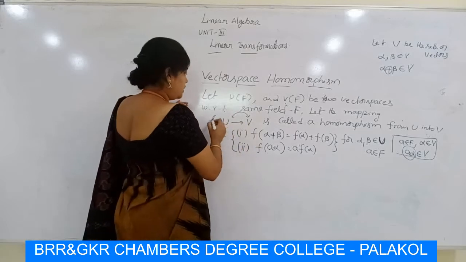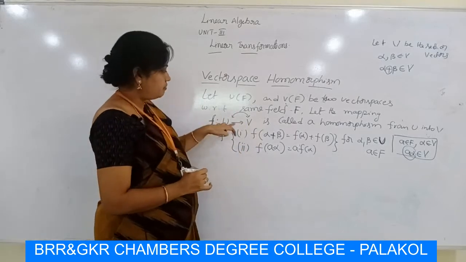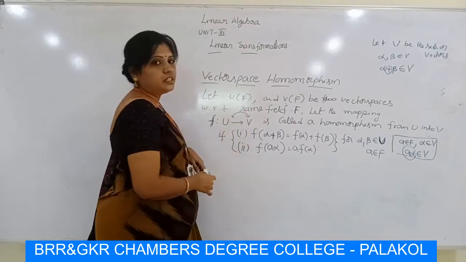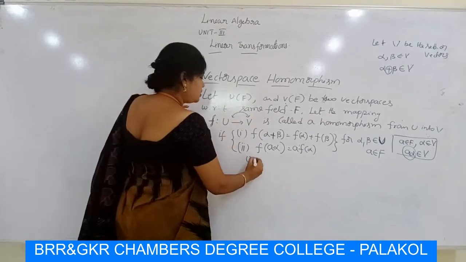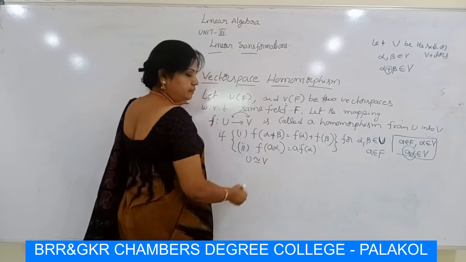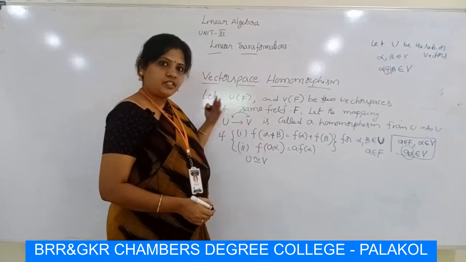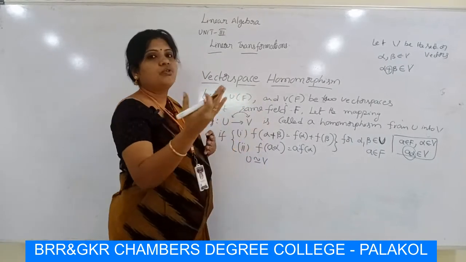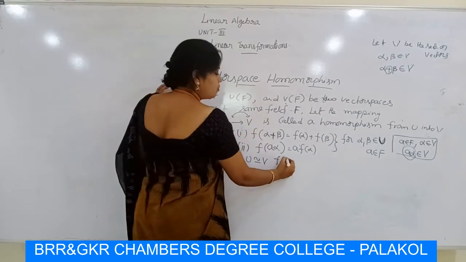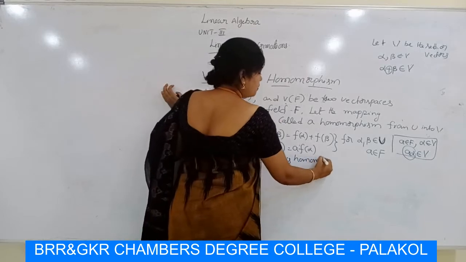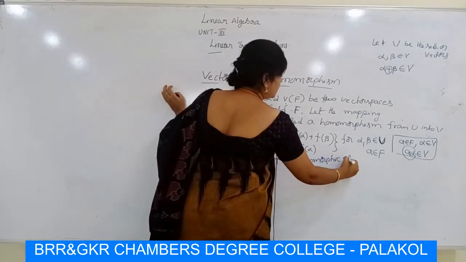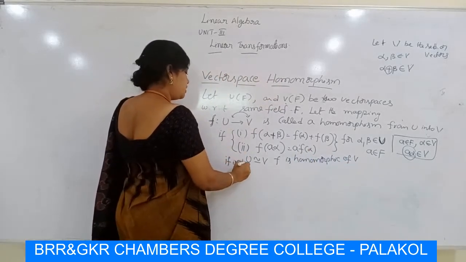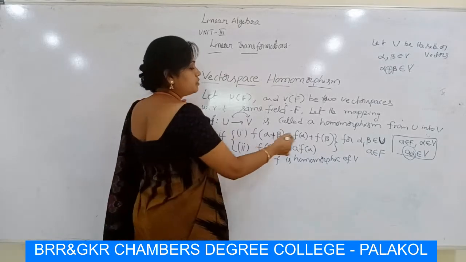If this mapping f is onto, meaning every element of the codomain has a preimage in the domain, then we say that U is homomorphic to V. Here f is a homomorphism, and if it is onto, then U is homomorphic to V and V is a homomorphic image of U.